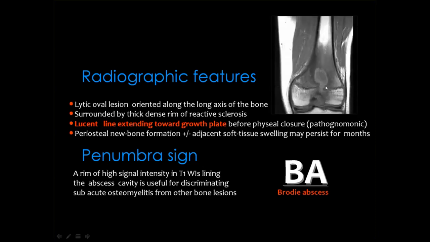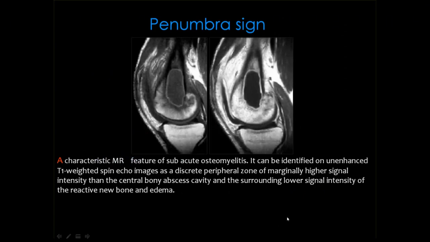Here you see what I mean, a lucent line which is extending from the lesion towards the growth plate. And this penumbra sign is a high signal intensity rim on the T1 weighted image surrounding the abscess cavity, and it is just a sign.